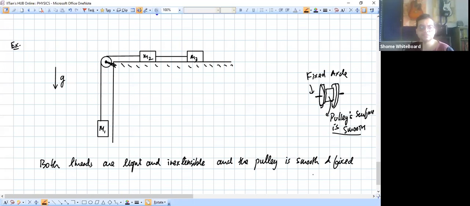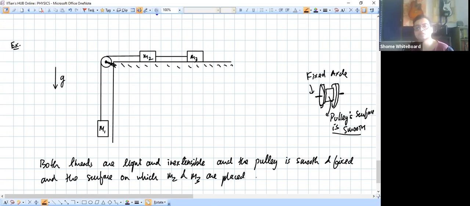So the pulley is smooth and fixed, and the surface on which M2 and M3 are placed is also smooth. Okay.